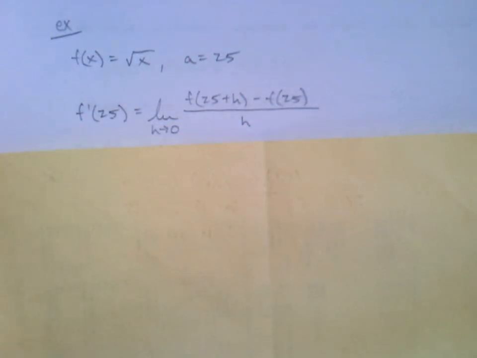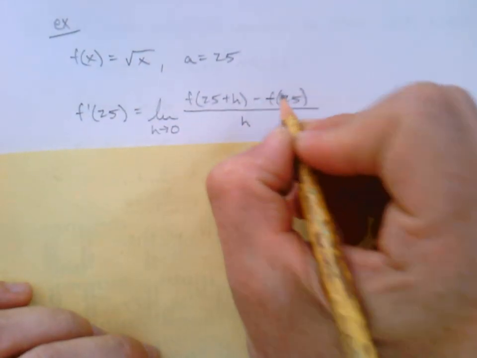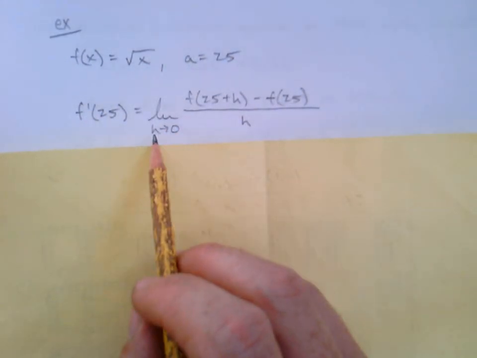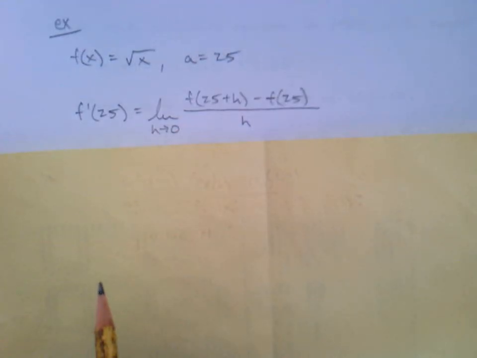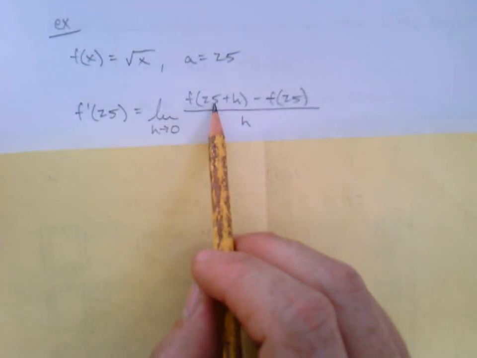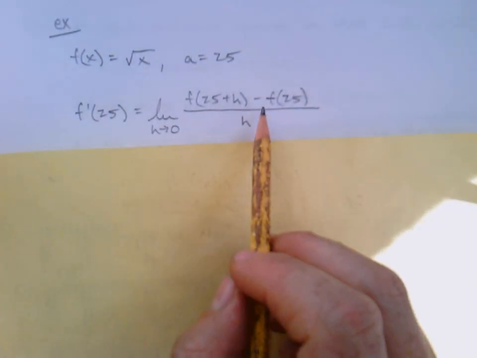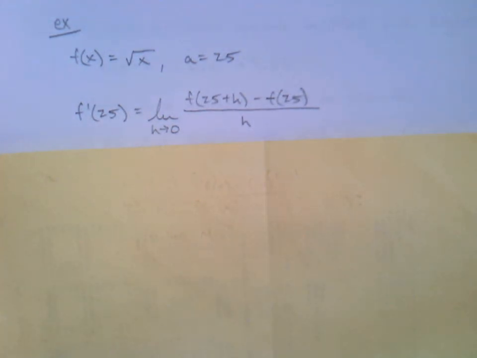Here it is to get started. F prime 25 equals the limit still as h approaches 0. F of 25 plus h, again, we put the 25 right there, minus f of 25 all over h.